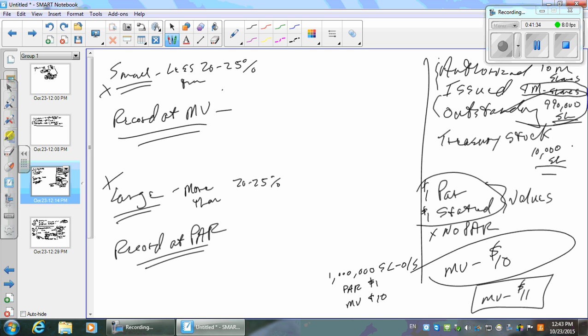And what I'll do is I'll make the dividend either real small or real big, okay? So you can tell them apart real easy. I won't be between the 20 and 25. So it's a 5% stock dividend. Everybody good? Okay, and over here, let's say we do a 30% stock dividend. Got the idea?